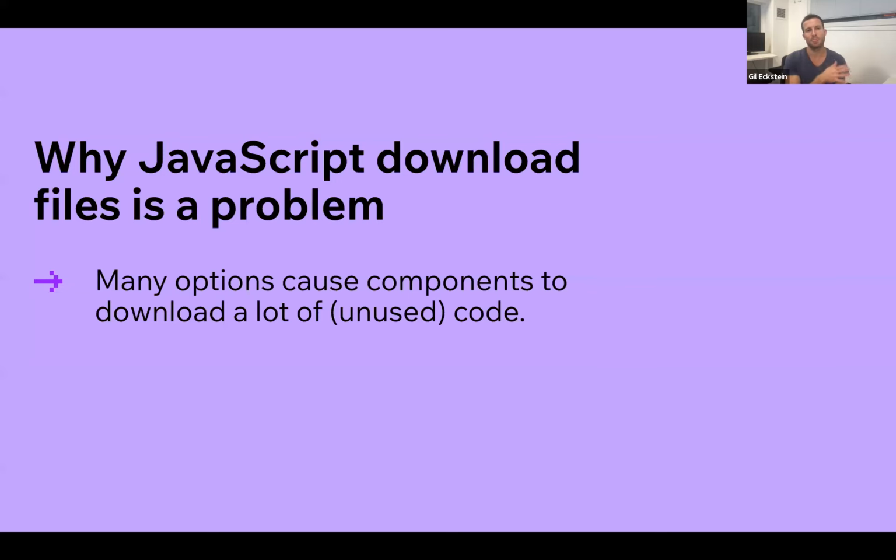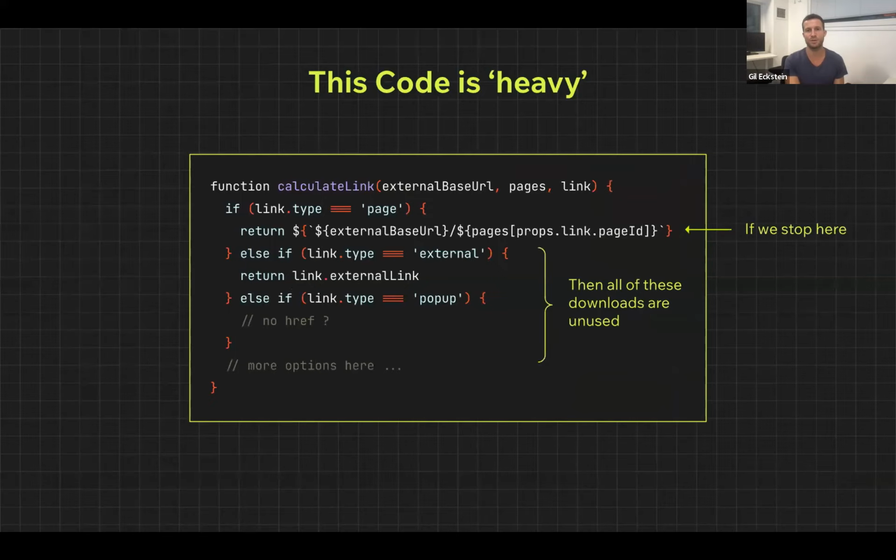So why is it a problem? Because many options cause components to download a lot of unused code. Let's look at this unused code. First of all, the calculate link function. We only ran one line of code, but we had to download all the different options of code, and all this code is unused.